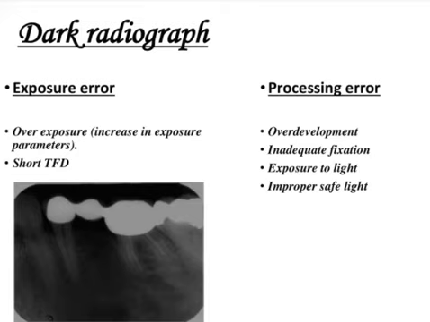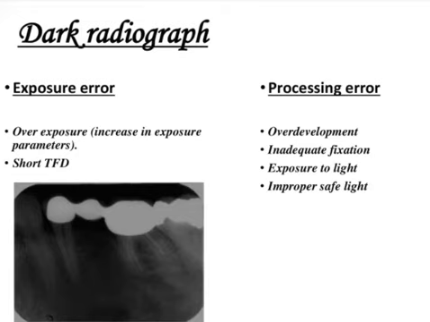Then comes the processing error. In the case of processing, if you remember light radiographs, less time in developer gives light films, and more time in fixer gives light films. So just the opposite here: more time in developer and less time in fixer. These two can lead to a dark radiograph.